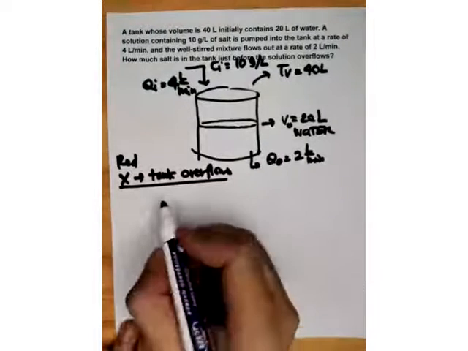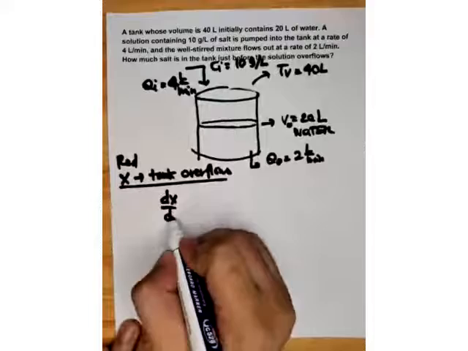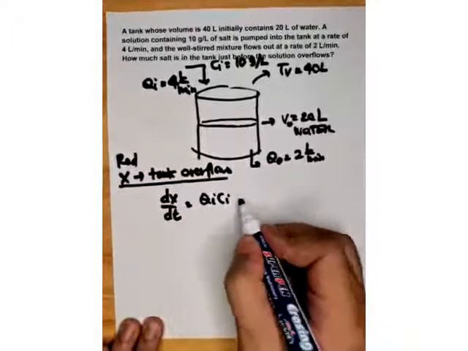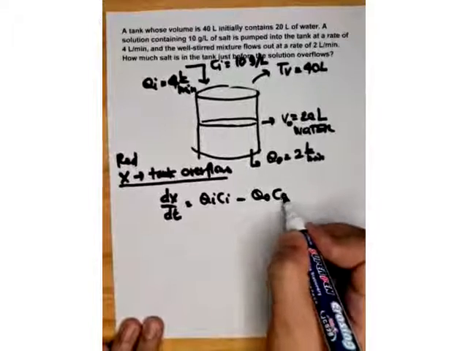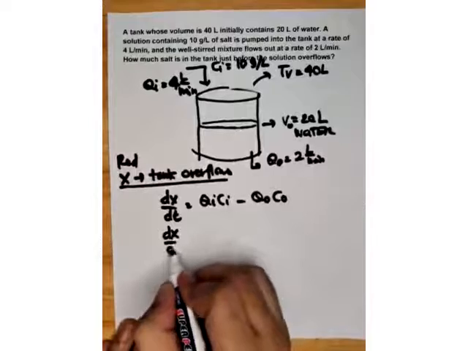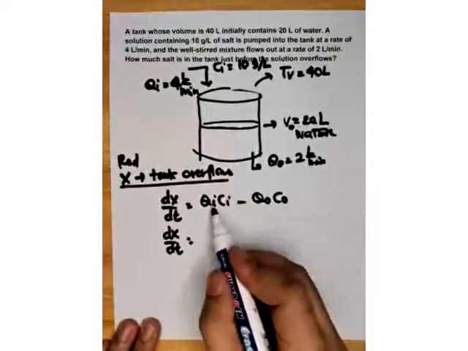First, our formula. dx over dt is equal to QI-CI minus QO-CO. So dx over dt will be equal to, what's our QI?